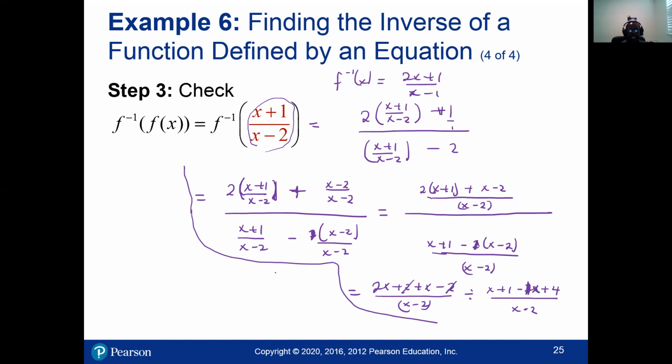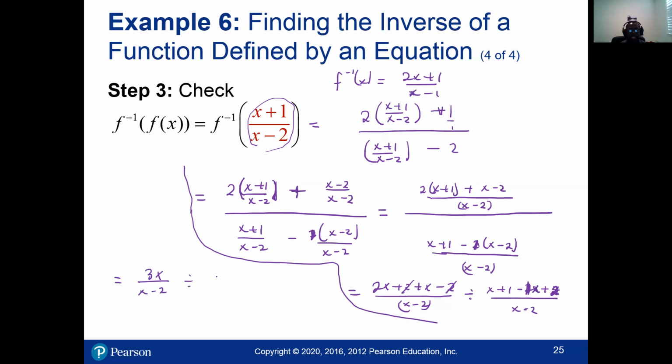That's why I put a 2 there. So what happened is that the numerator, this expression there, will be equal to 3x divided by x minus 2, then divided by, and then this will be positive 2.